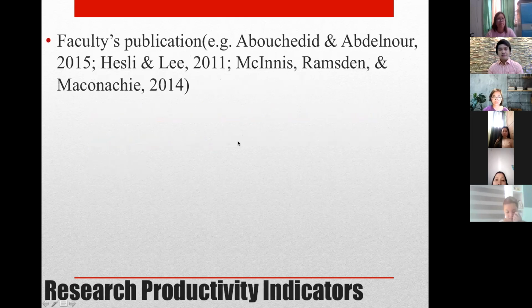And therefore, faculty publication, if you would like to measure the research productivity, kung paano mo malalaman na ang isang institution ay meron tinatawag na research productivity, this is according to authors. Unang-una, dapat may publication. Kung sa higher ed yan.